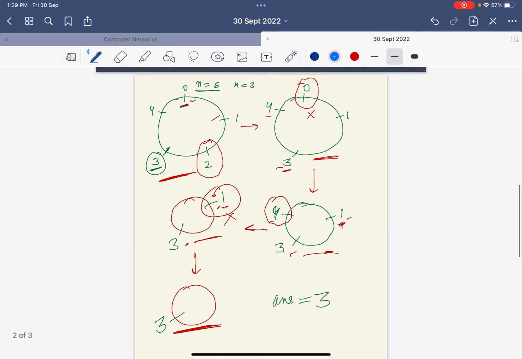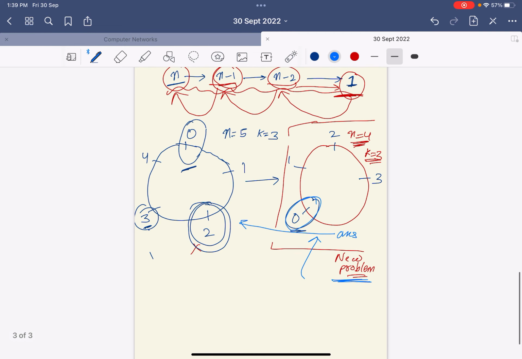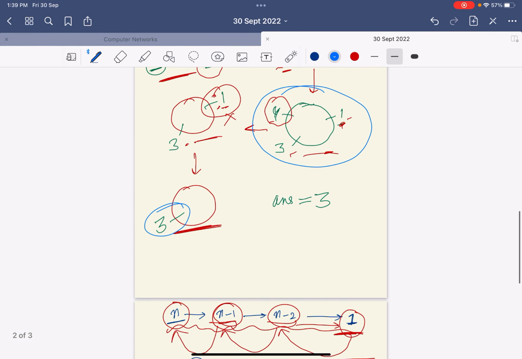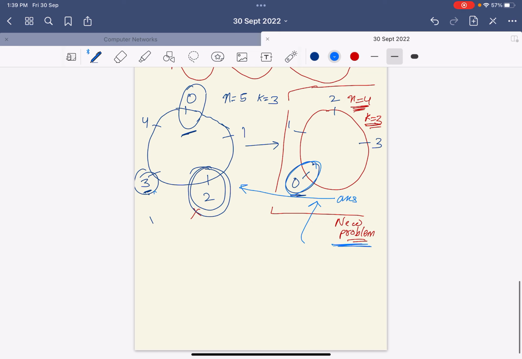Because here we can see that if we keep on killing, the third person gets killed, and here the third person is mapped to 0. The third person will remain safe at the end. And here what we did is 3 is mapped to 0. So we can say that if I keep on solving this problem, the answer will be written as 0.